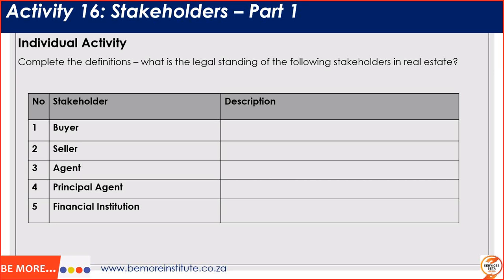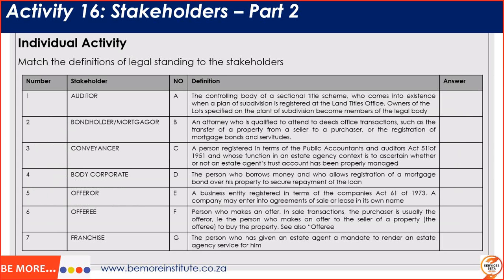And then the next exercise is more about matching. What is an auditor? There are definitions under the column highlighted as definition. You just match a stakeholder with their description. For example, an auditor.